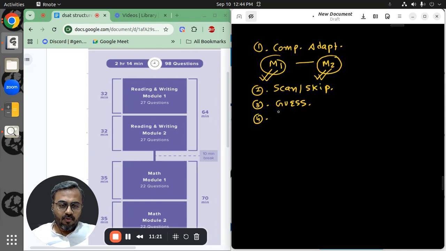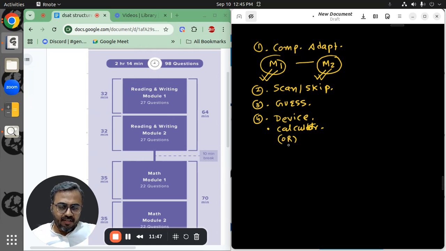Number four, you can bring your device with you, laptop, PC, iPad with charger. And you can also bring a calculator with you, any form, standard calculator, scientific calculator, graphing calculator.